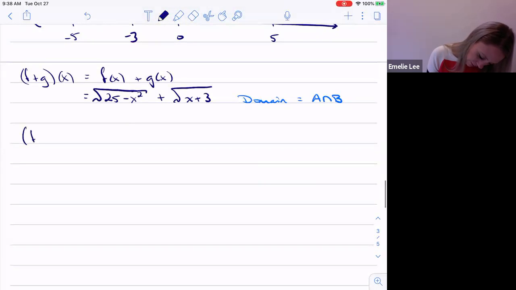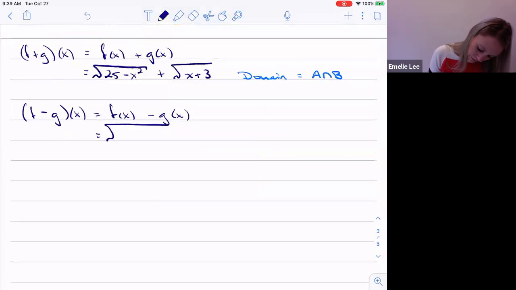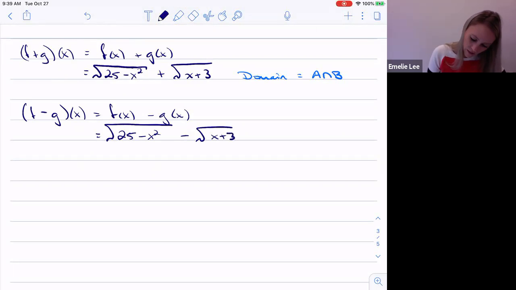Same thing with f minus g of x. F minus g of x is just f of x minus g of x, which is the root of 25 minus x squared minus the root of x plus 3. And again, the domain is A and B.